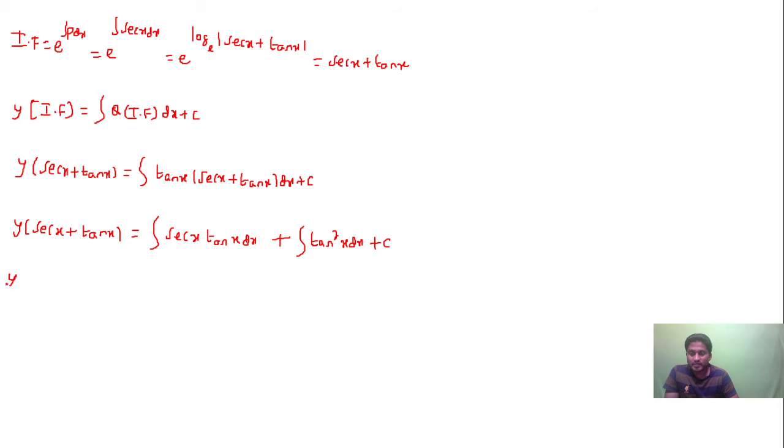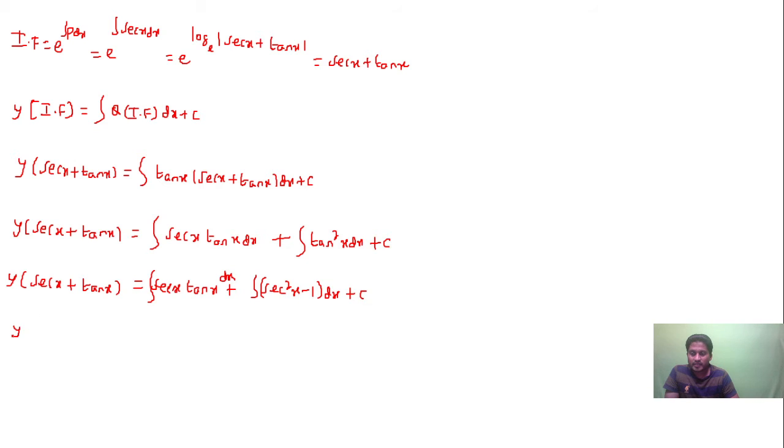Now y times sec x plus tan x is equal to integration of sec x tan x dx, and tan squared x can be written as sec squared x minus 1, dx, plus c.